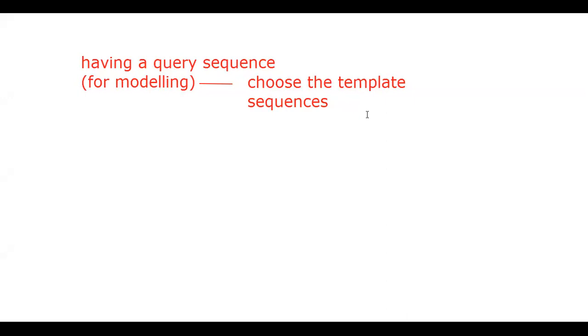So, choose the template sequences. How can you choose them? By running BLAST and seeing the percent identity.